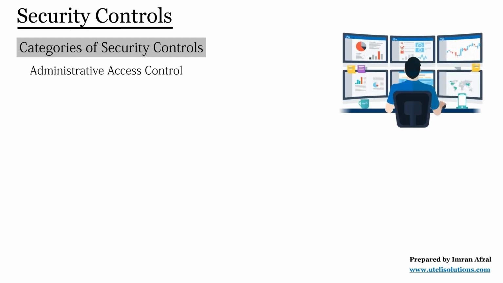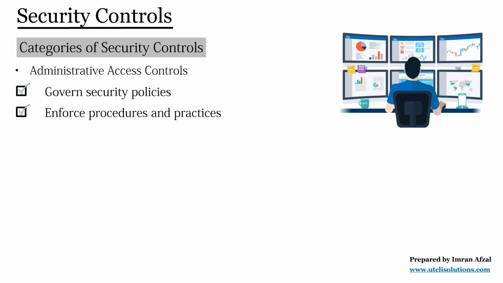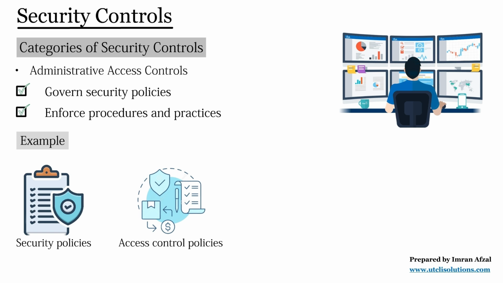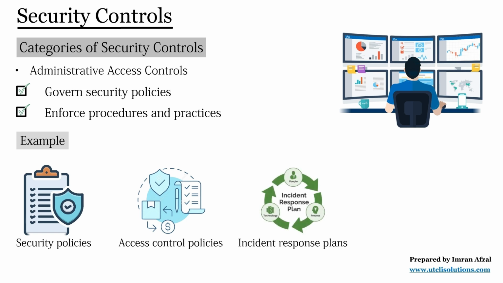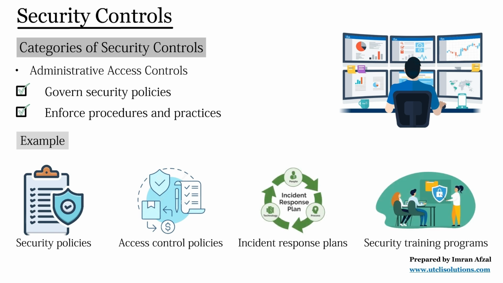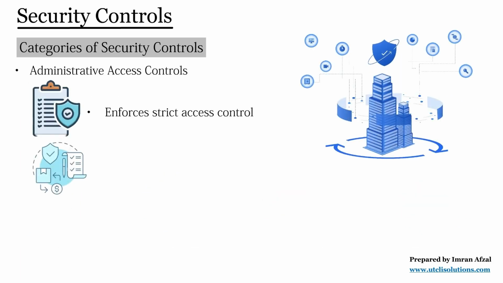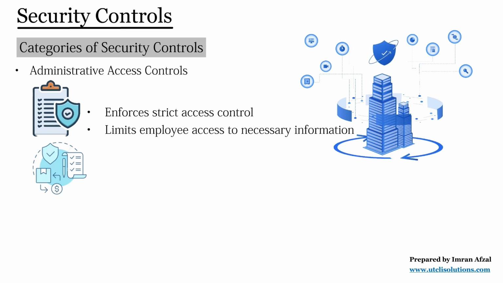Administrative access controls. Well, administrative access controls govern security policies, procedures, and practices. Examples of administrative access controls include security policies, access control policies, incident response plans, and security training programs. So, an organization may implement a strict access control policy, ensuring that employees only have access to the information necessary for their roles.